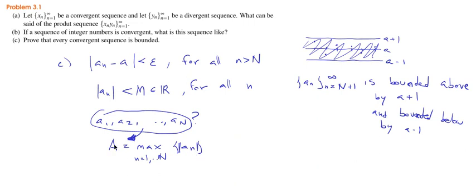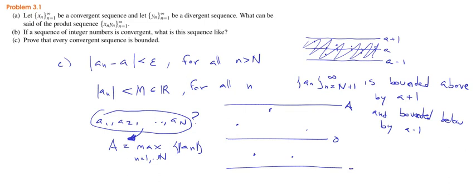Imagine if we painted these numbers like this, and this is 0. A is such that it's greater than the greatest number, and minus A is smaller than the smallest number. We could actually put the limit a here, but it doesn't matter.